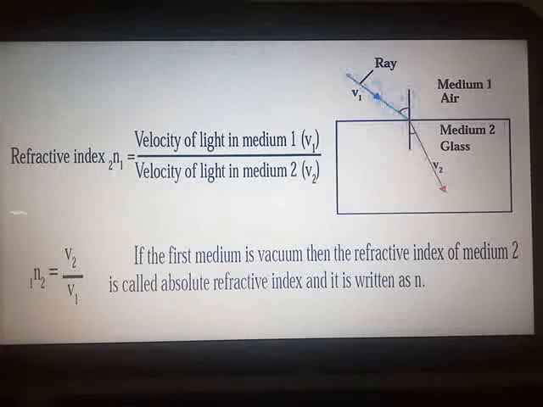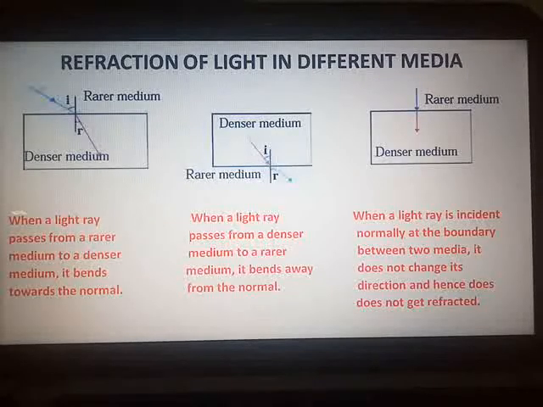Now we are going to study the refraction, the behavior of a ray of light from one medium to the other, or in different media. Now here air and glass are taken as the two media. Air is the rarer medium as compared to glass, which is the denser medium. Glass is more dense as compared to air. So the first medium here is rarer, second is denser.